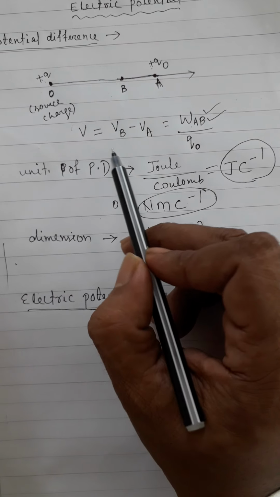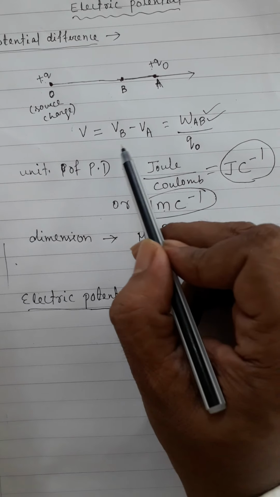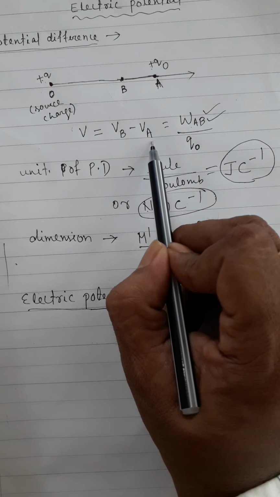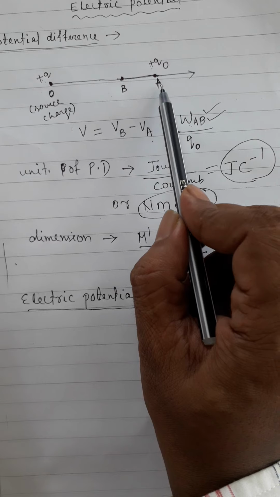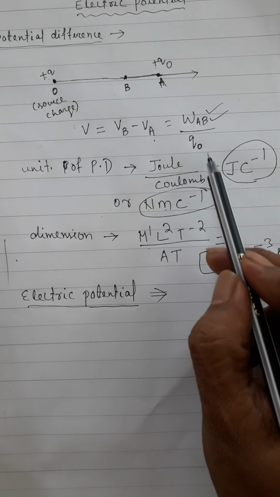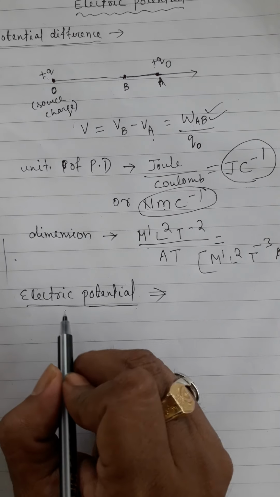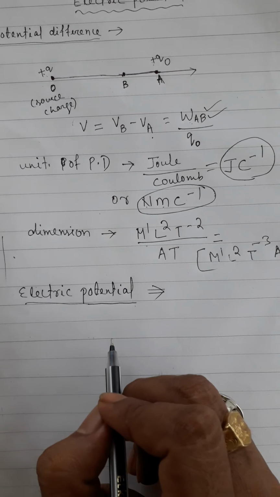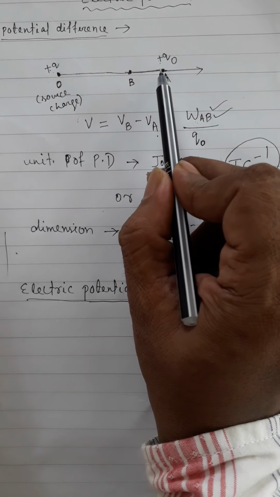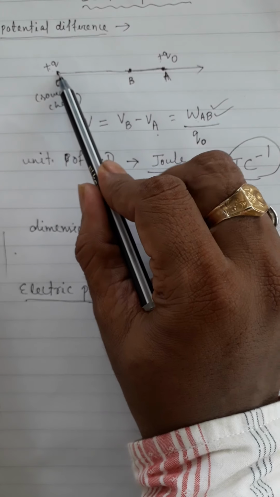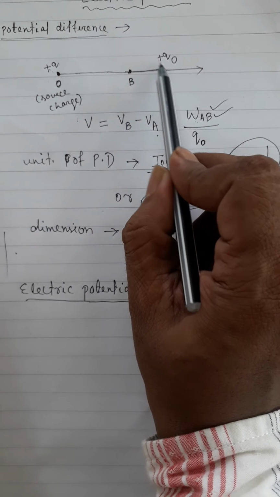So this is the potential difference between 2 points, VB minus VA, that is the work done to shift a unit positive test charge from A to B. So now what is electric potential? The electric potential at a point located far away from a charge is taken to be 0.